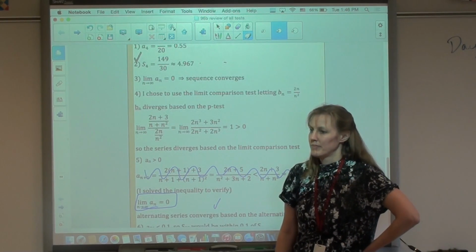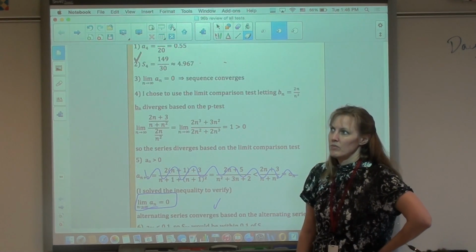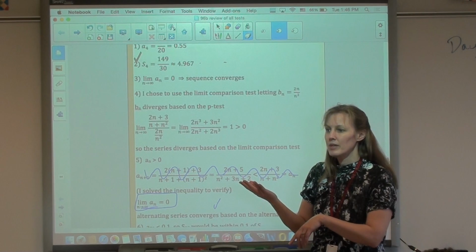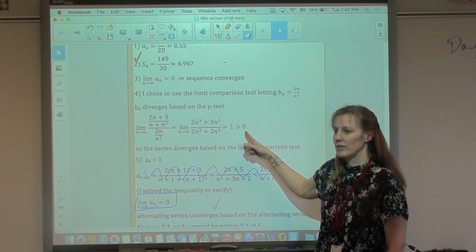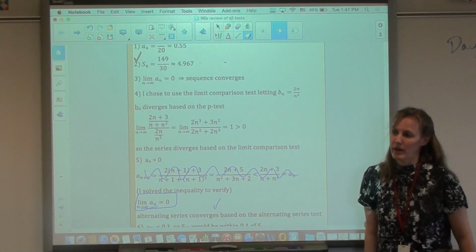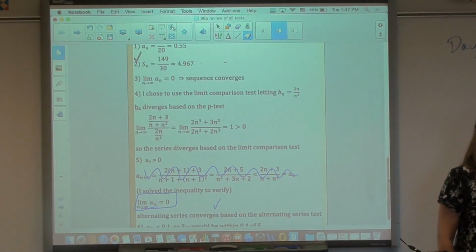And you just said greater than 0 to prove that it's positive? Yeah. Technically your limit has to be finite and positive. If it was like a half or 1, it wouldn't matter. It could be 22. The number doesn't matter as long as it's finite and positive.